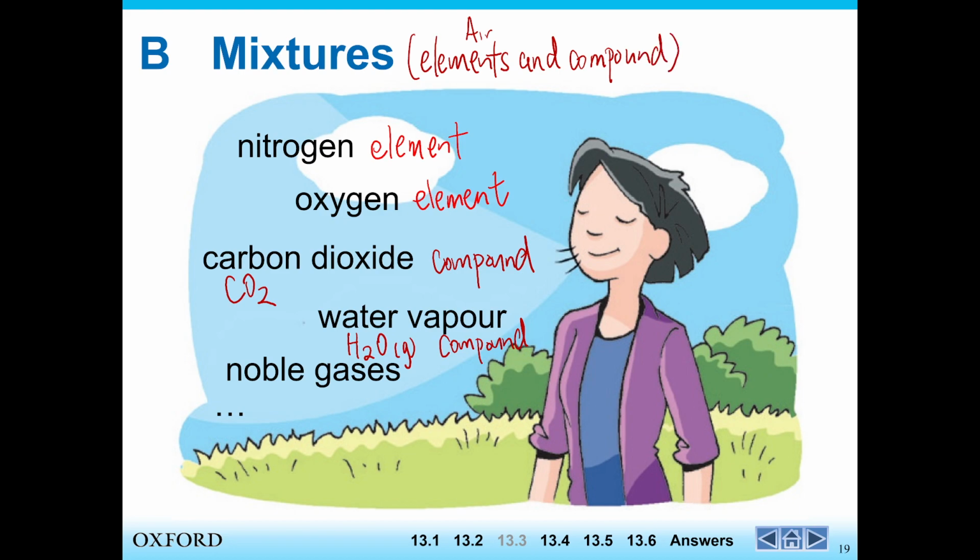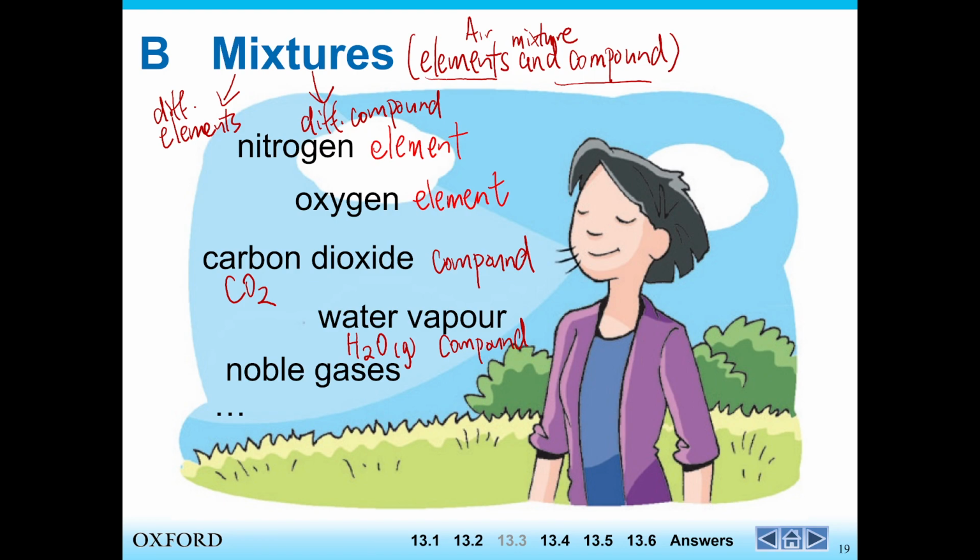So a mixture could be a mixture of elements and compounds. It could also be a mixture of different elements together, or a mixture of different compounds together. Or it could even be, like in this example for air, a mixture of both elements and compounds combined together.